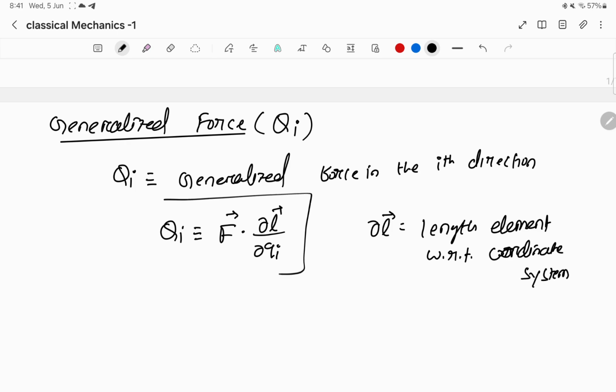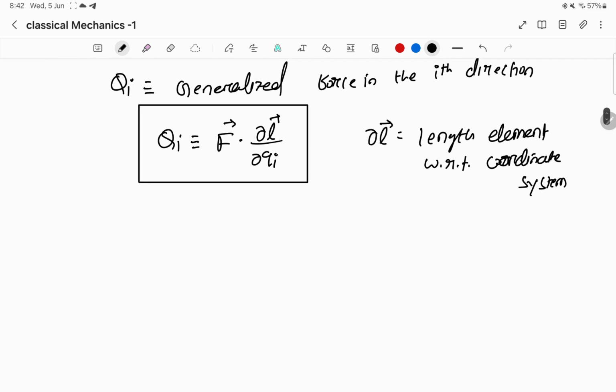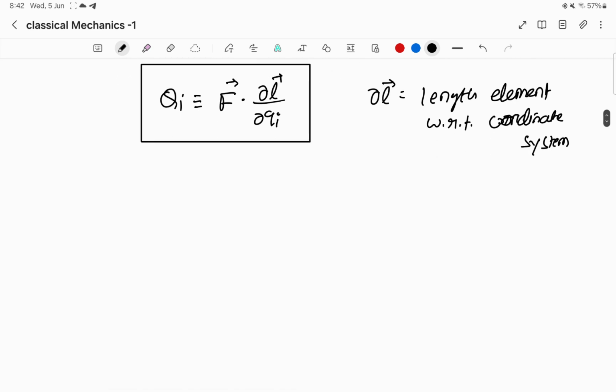So you might have a question, what is the length element? Let me define it for different coordinate systems. Basically we are using Cartesian, spherical polar and cylindrical coordinate systems. Let me define for all three.